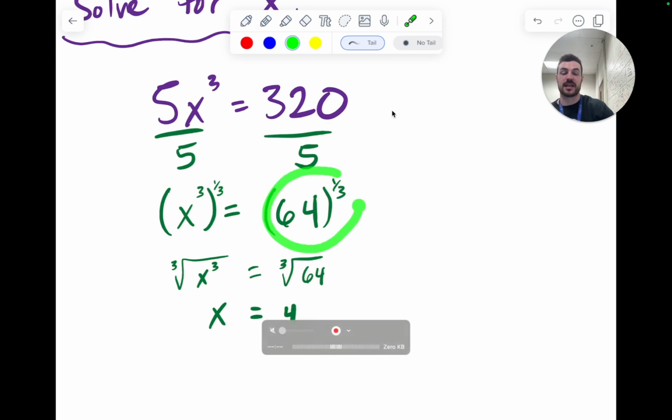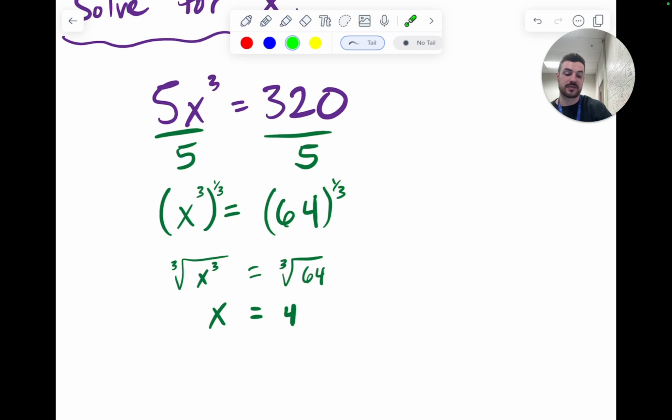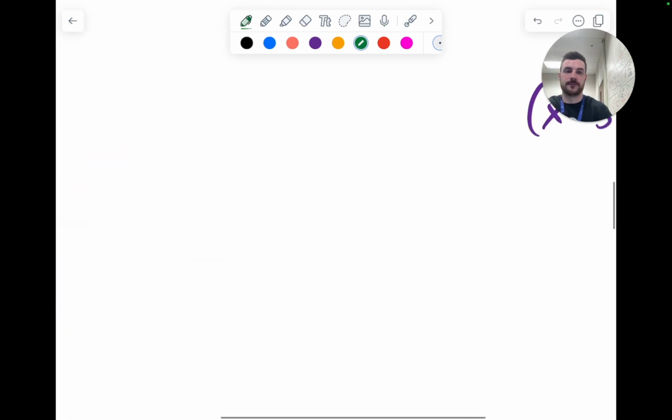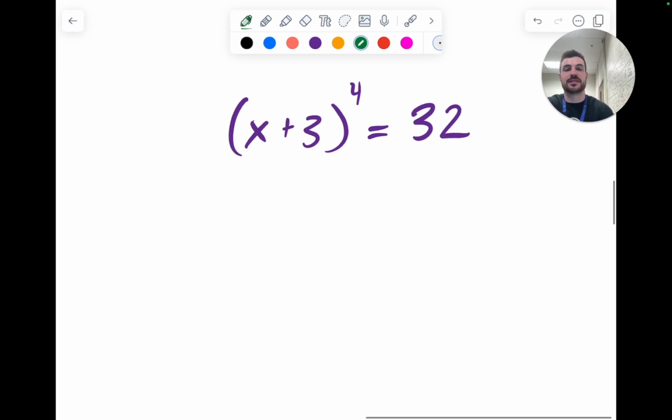And then I had to do the same thing to the other side. Well, raising something to the 1/3 power is the same thing as taking the cube root, which allowed me to simplify from there. I took the cube root of both sides. These two values multiply to give me 1, which is what I have down here. And then the cube root of 64 is saying what number to the third power is 64, and my answer was 4. Okay? This one over here is going to be pretty similar for us.